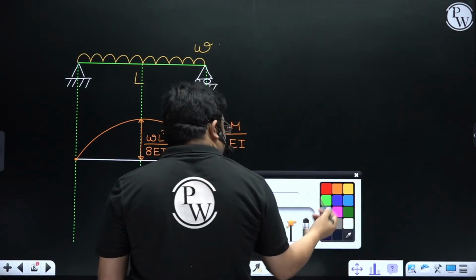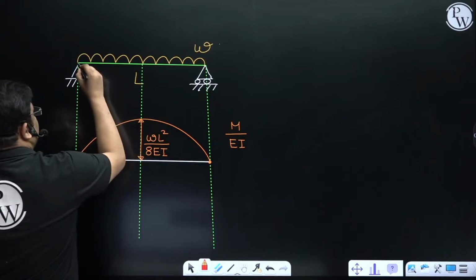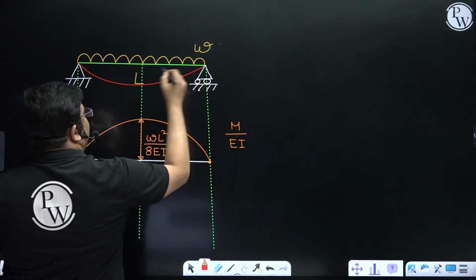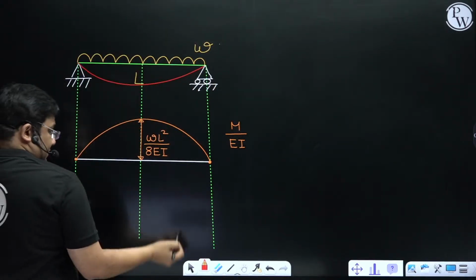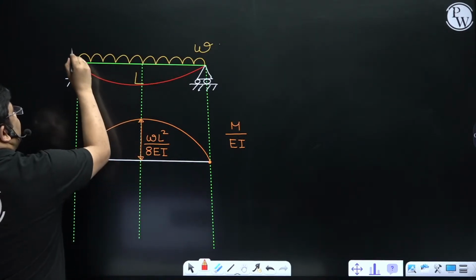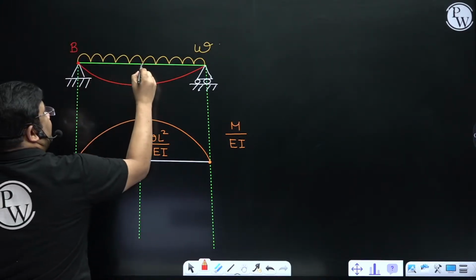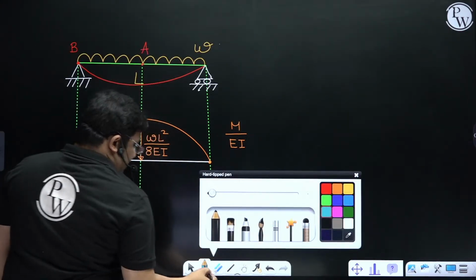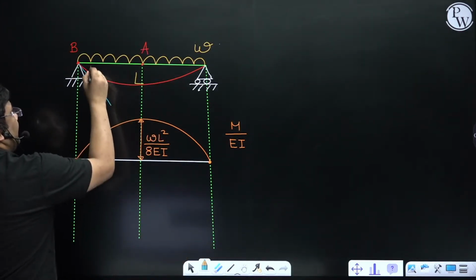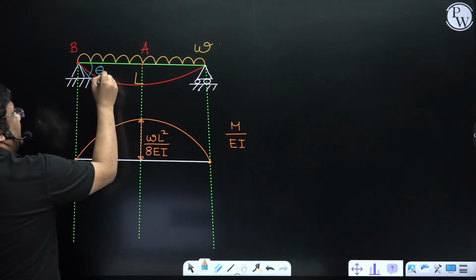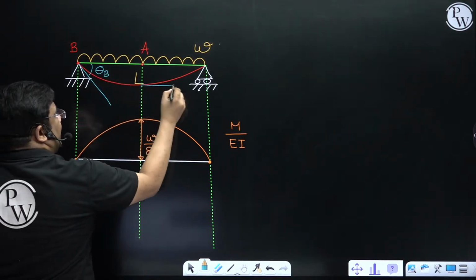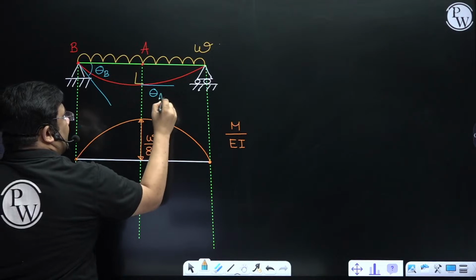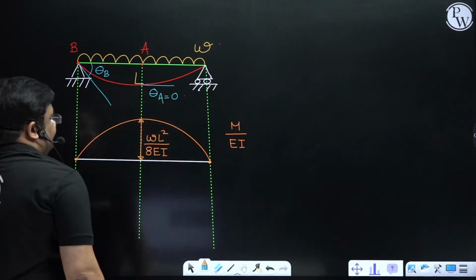Now here also the deflected shape will be something like this. So again I will take this point as B and this point as A. You see here, at B I will be getting some slope, but at A I will get 0 slope.